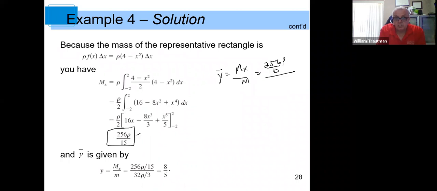All right, and we put that on the bottom in the denominator, 32 times the density over 3. And the densities will cancel out. When you do this math, 256 over 15 divided by 32 over 3, we get 8 over 5.